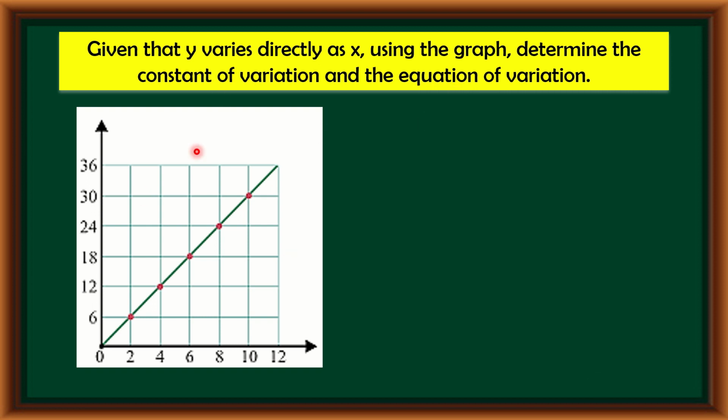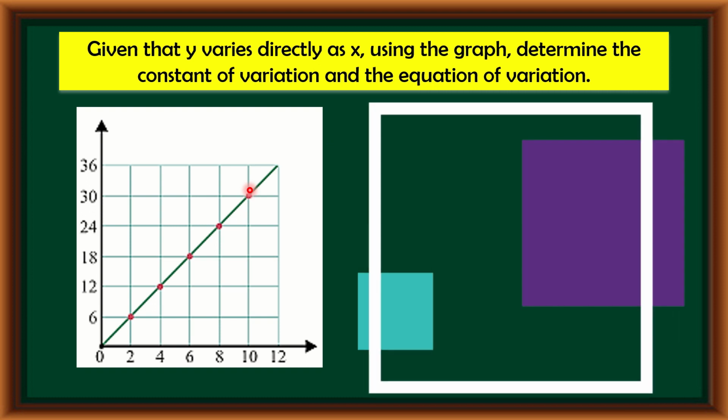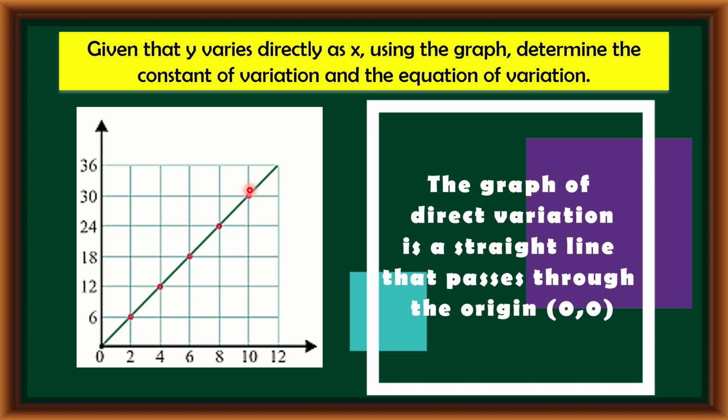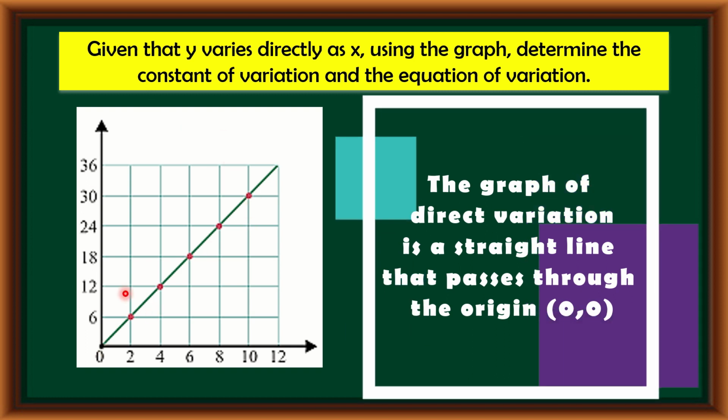So, I have here the graph of direct variation. Remember that the graph of direct variation is a straight line that passes through the origin. For example, this graph has a straight line and this line passes through our origin (0, 0). Therefore, this is an example of a graph of direct variation.